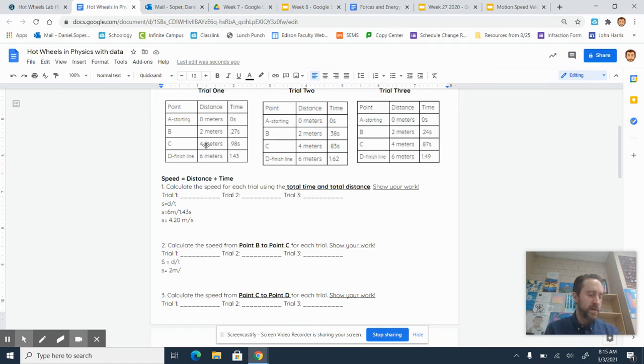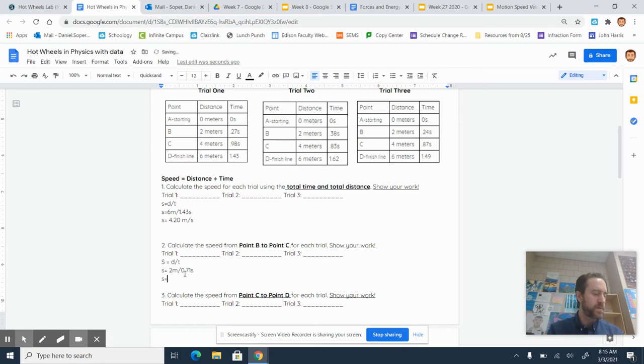Using my calculator, I take 0.98 seconds and subtract 0.27 seconds, which is 0.71 seconds.